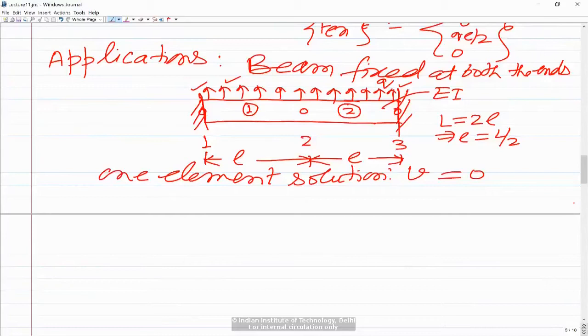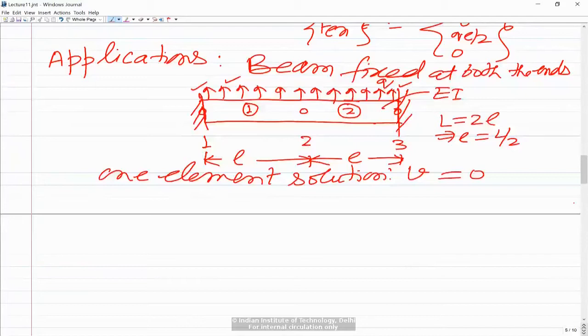If the two solutions are close, then you say that the two element solution is accurate enough. If two and four element solutions are different, then you go for more elements, say 8 elements, and compare the results of 4 and 8 elements, and if they match, then you can say the 4 element solution is a converged solution. That convergence study has to be done always to ensure that we are using a sufficient number of elements.